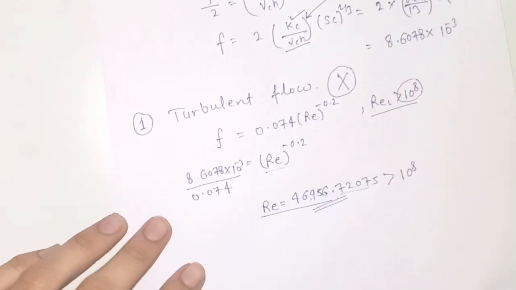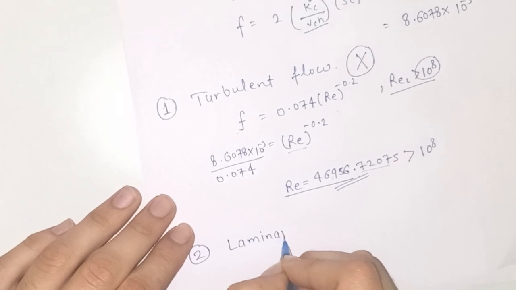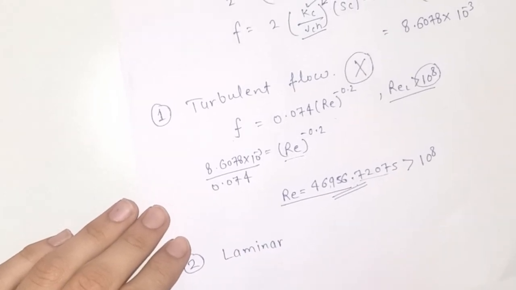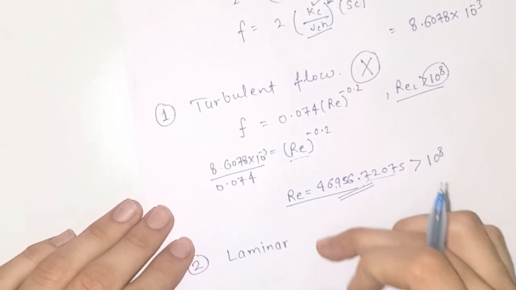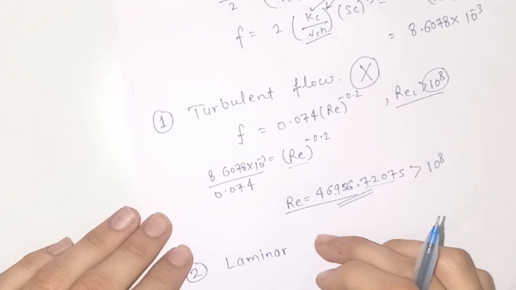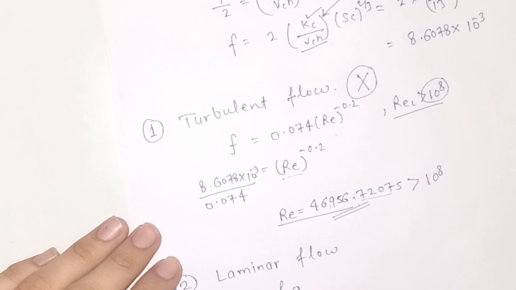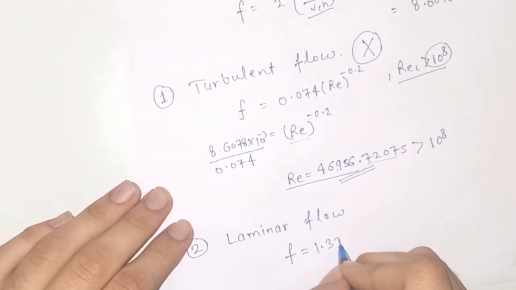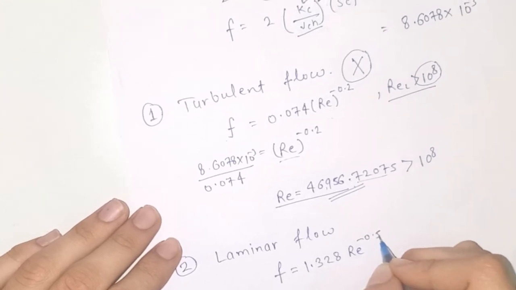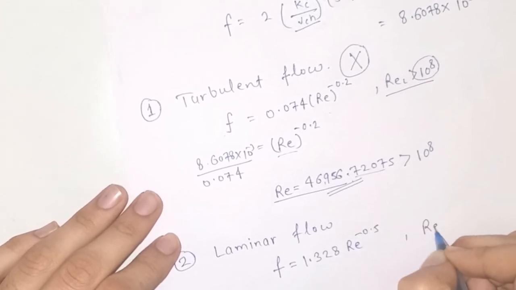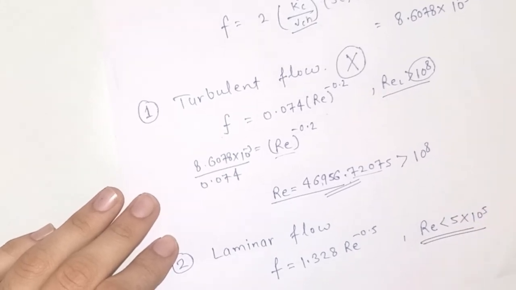So now we need to take the second assumption, laminar flow, and if that is also wrong we need to take the third assumption, the transient flow. For the laminar flow we have the friction factor relationship 1.3828 Re^-0.5, and this is true for Reynolds number less than 5 × 10^5.